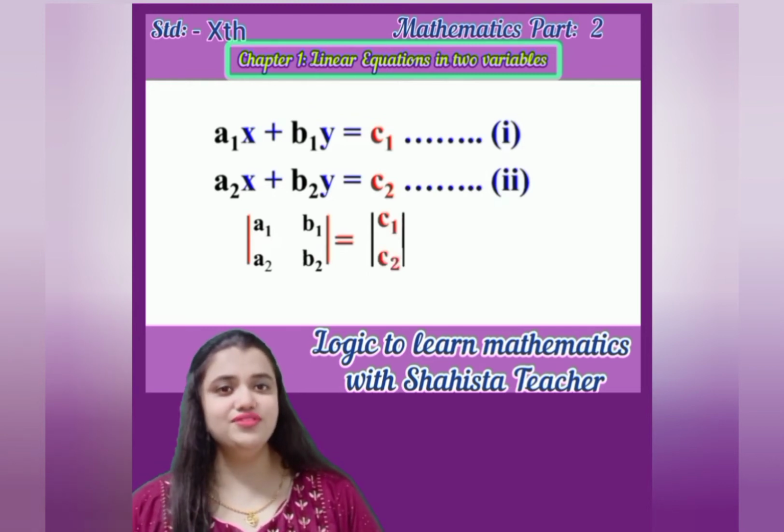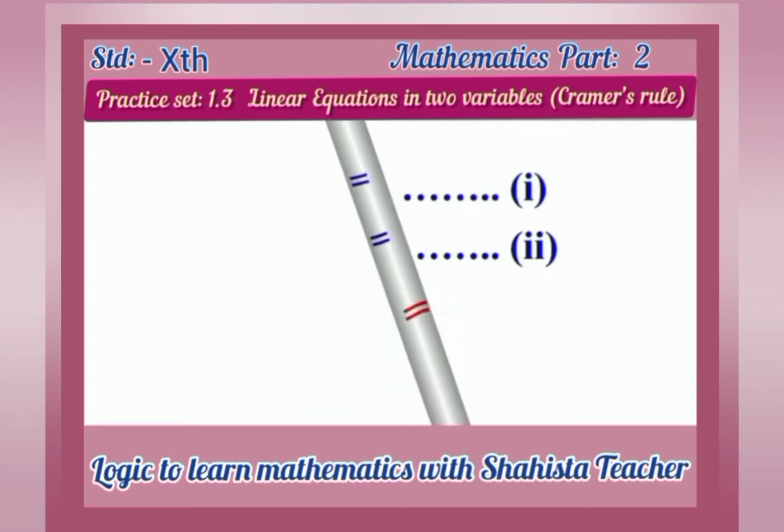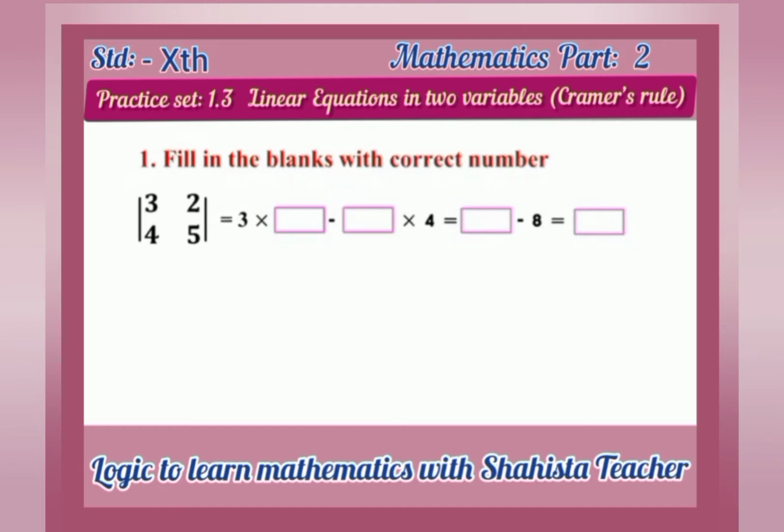Now let's solve practice set 1.3 question number 1. Question number 1 says fill in the blanks with the correct number. Here inside this matrix 3, 2, 4, 5, we will do cross multiplication. 3 will multiply by 5 and 4 will multiply by 2.